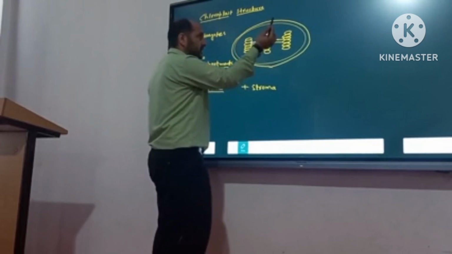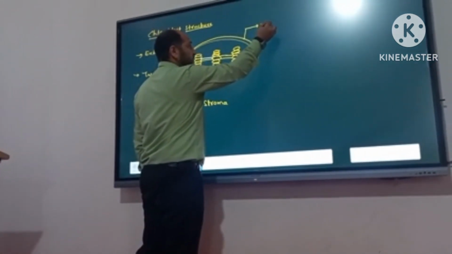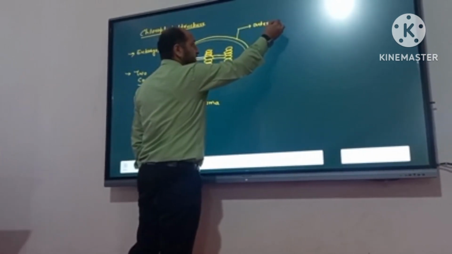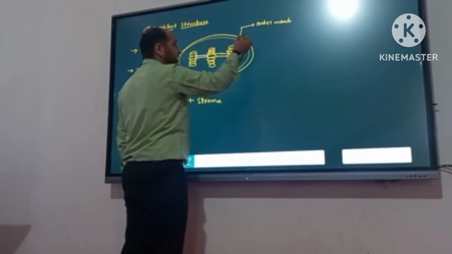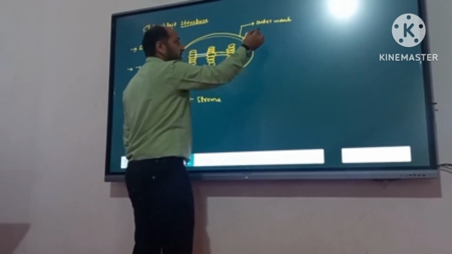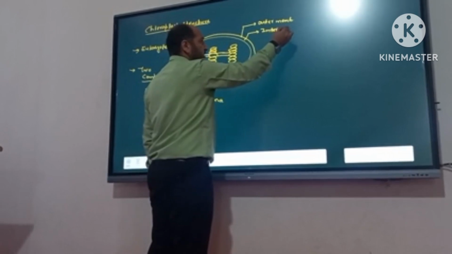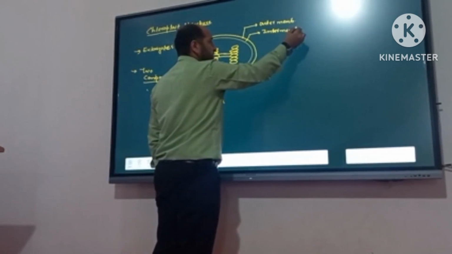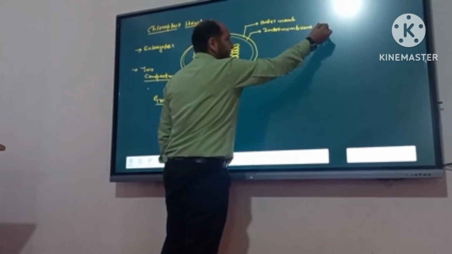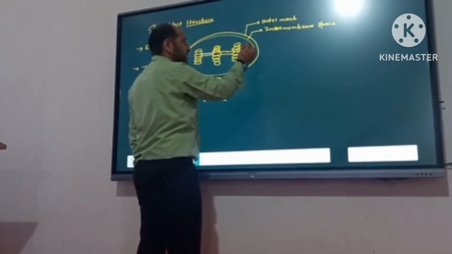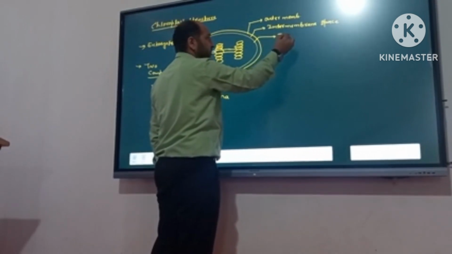Let us evaluate. First, this is the outer membrane of the chloroplast. As we said, it's a double membrane structure, so in between is the intermembrane space. It's very small, but still the membranes cannot be fused. Now here is the inner membrane of the chloroplast.